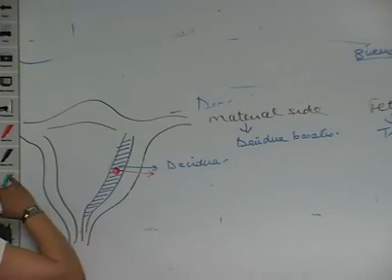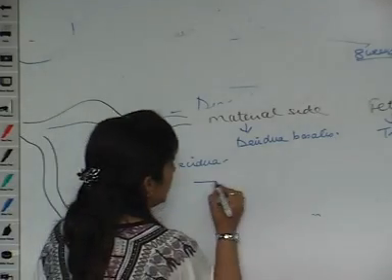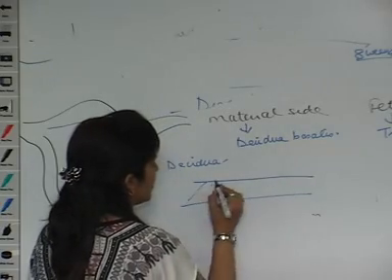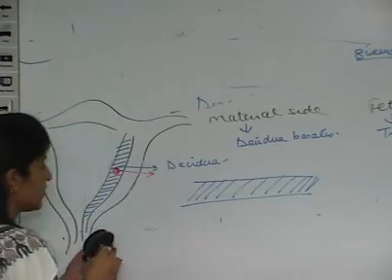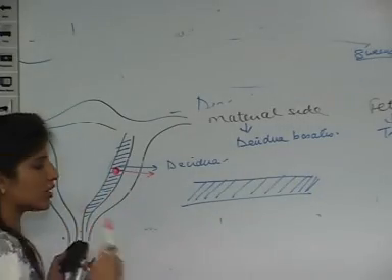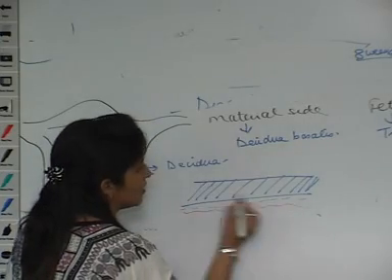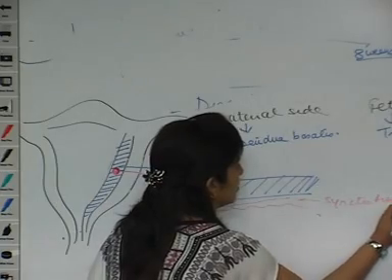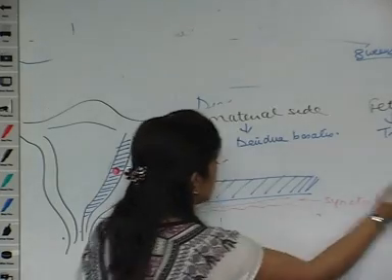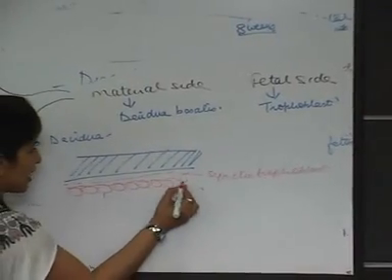Now, if I am making a cut section here, this here is the decidua, blue colored. Then we have the blastocyst. Outer layer of blastocyst, as we know, is called syncytiotrophoblast. Below the syncytiotrophoblast is a layer of cytotrophoblast.